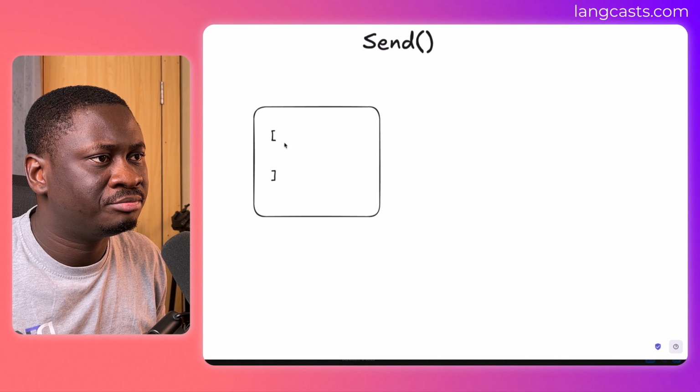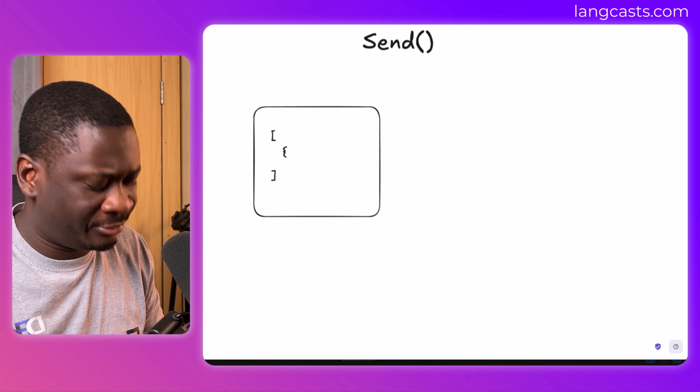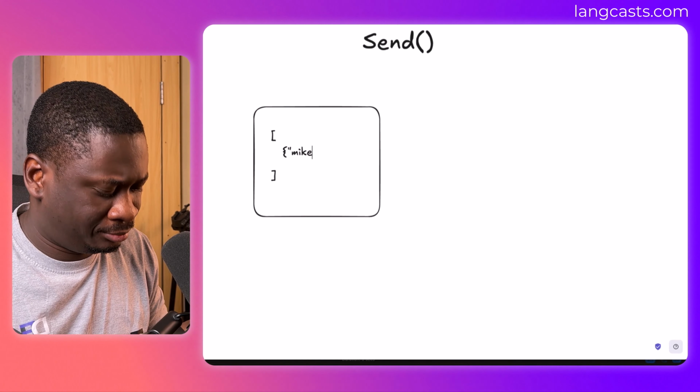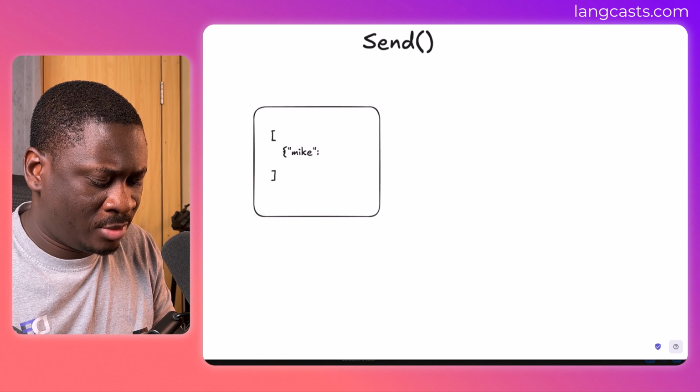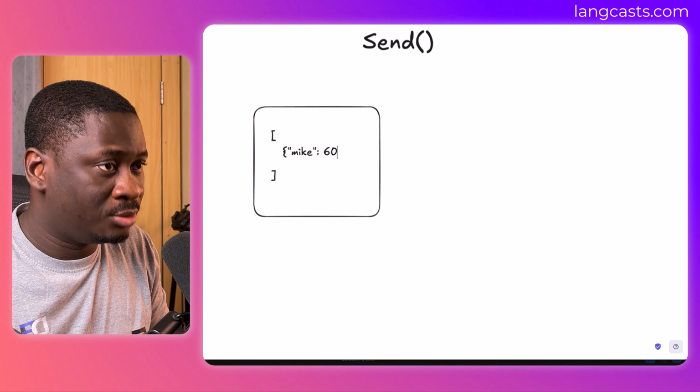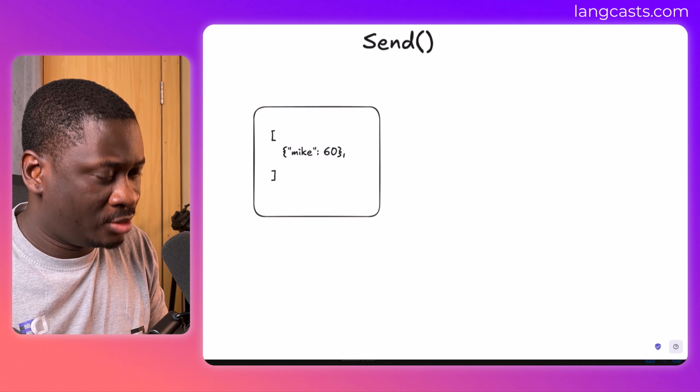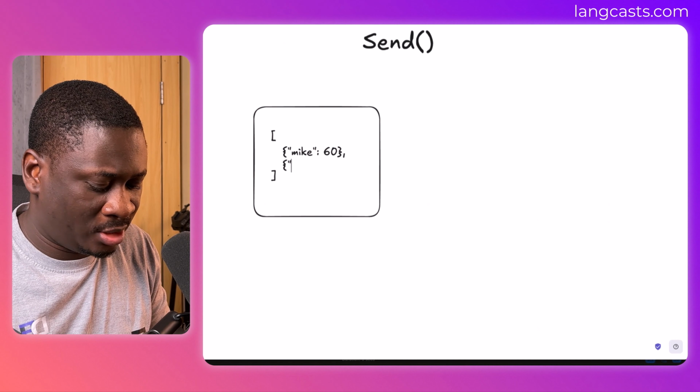Let me expand this. Inside here, let's say you have Mike, and Mike has scored 60. Then you have another dictionary, let's say Monica, and Monica scored 80.